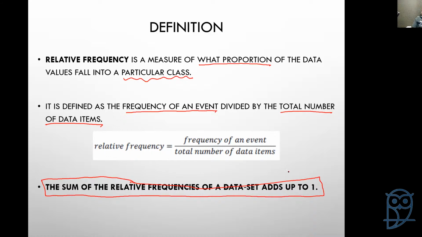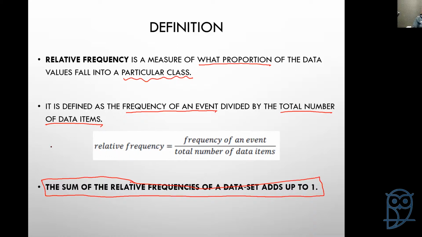So this relative frequency is the frequency of one of the events out of all of them that we have over the total amount. So you could imagine that if we were to do the relative frequency for all the events we are looking for, and you add those together, it should surely come to 1 because each frequency is added together to get the total amount of data.